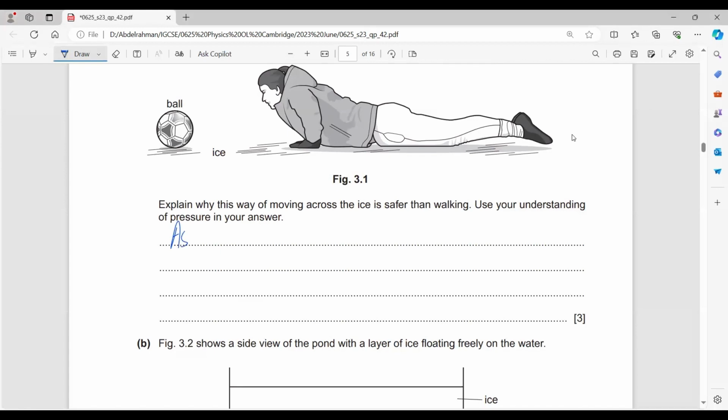As his area in contact with the ice increases, the pressure decreases.